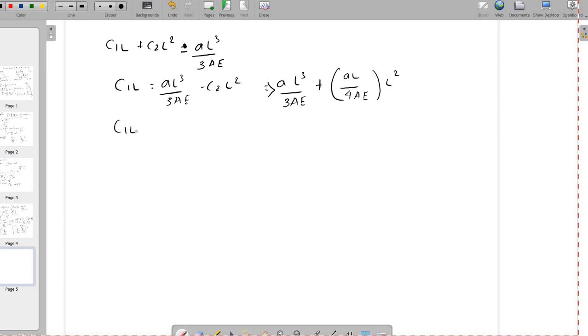So C1L is equal to AL cube by 3AE plus AL cube by 4AE.